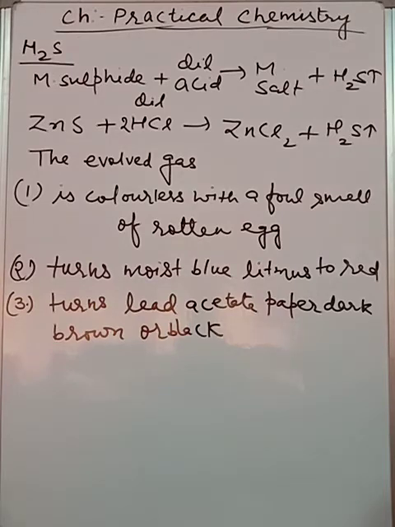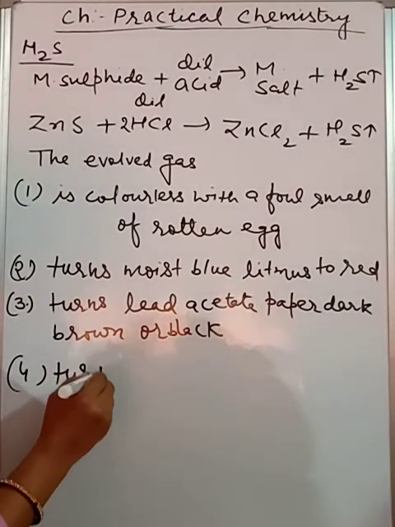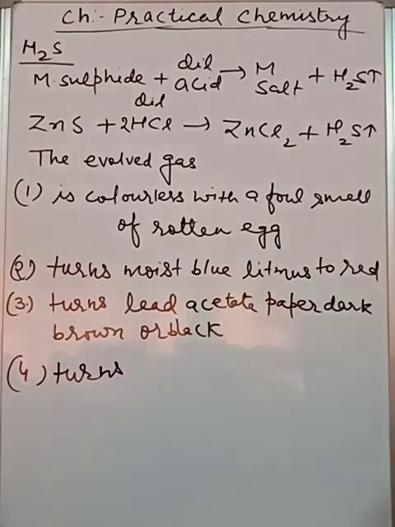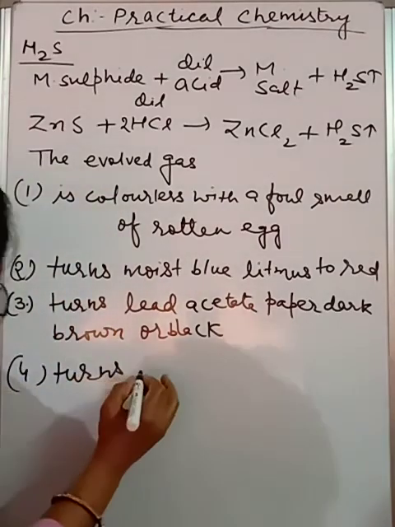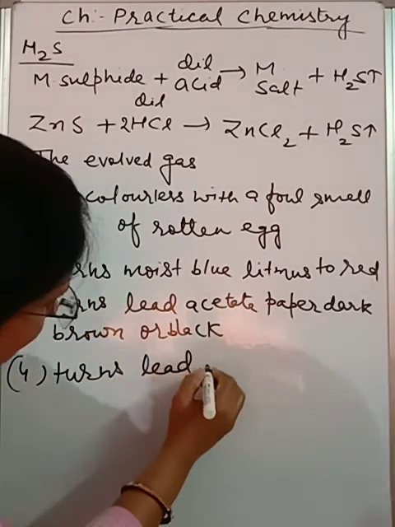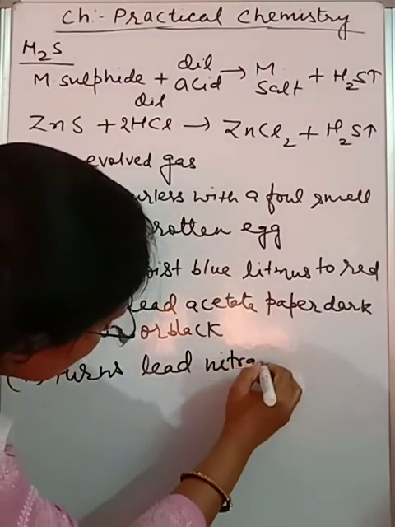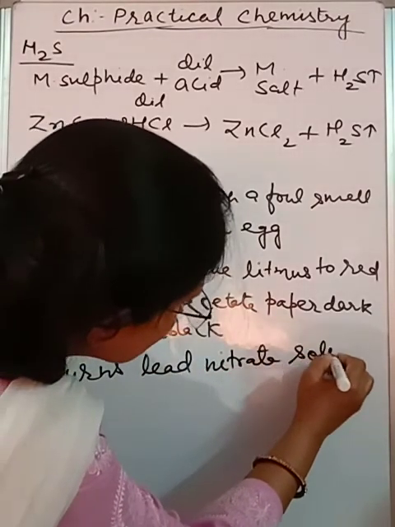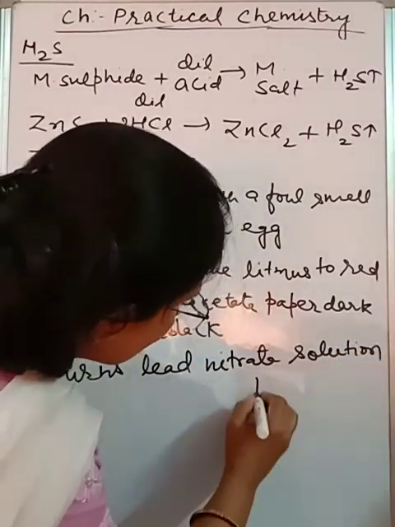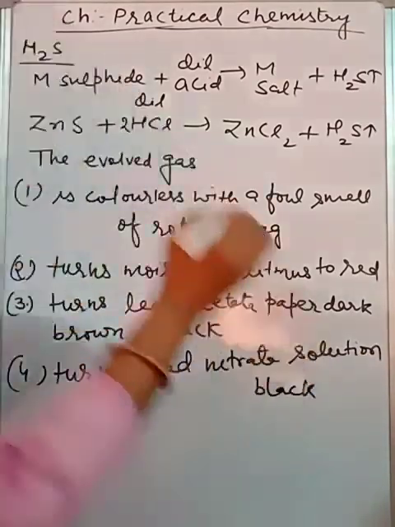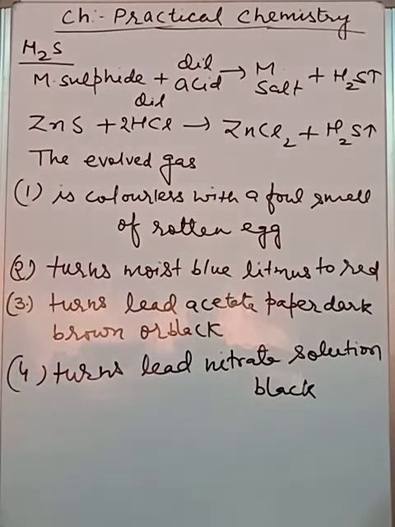If you want more points, I can give you. It turns lead nitrate solution black. Fourth point you can also write: it turns lead nitrate solution black. Lead nitrate means when you pass this gas through lead nitrate solution, it turns black. Correct? So I think now all the points must be clear to you, children.